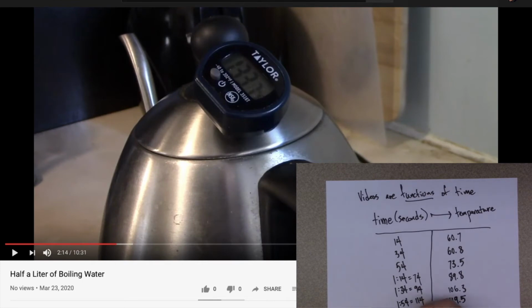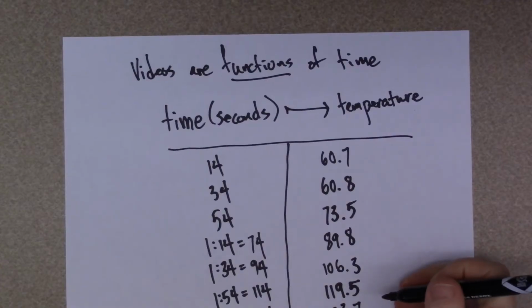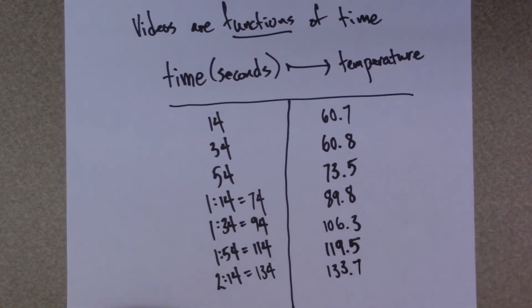And after 2 minutes and 14 seconds, we have a temperature of, let me think about that, 60, 120 plus 14, so 134 seconds. We have a temperature of 133.7.